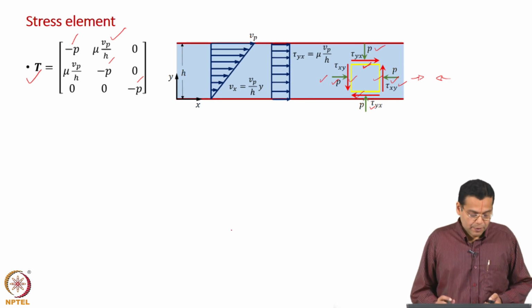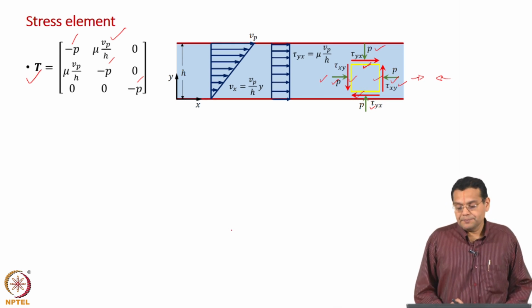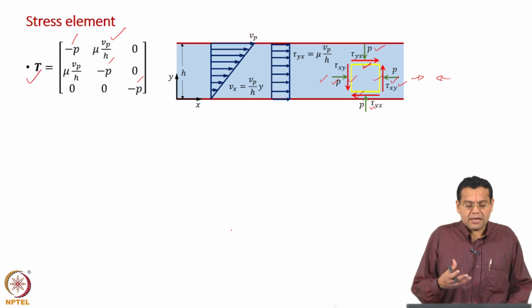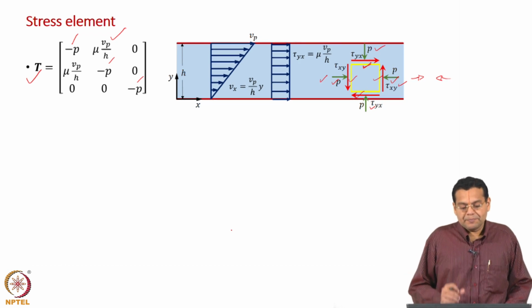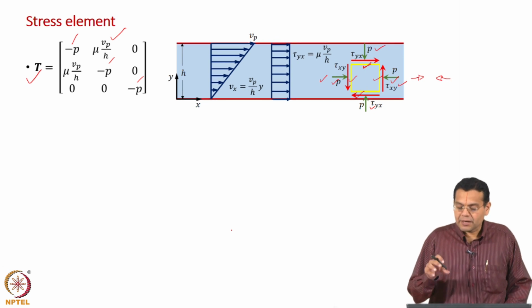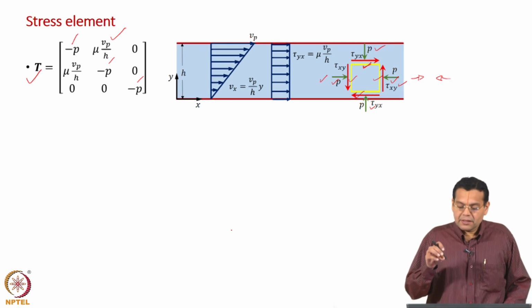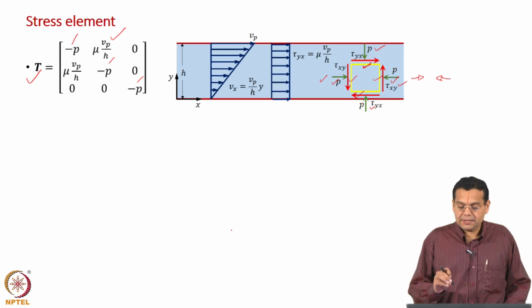Earlier, when we discussed the stress element, we used artificially given values like 30, minus 10, minus 15. Now, after evaluating the velocity profile and then going through the strain rate tensor, viscous stress tensor and total stress tensor, we are able to draw a stress element which represents the state of stress at a point in this configuration.